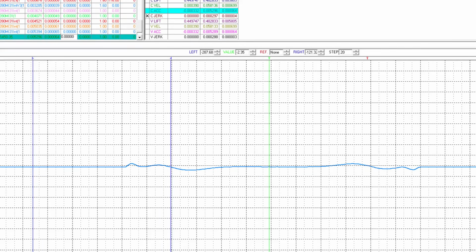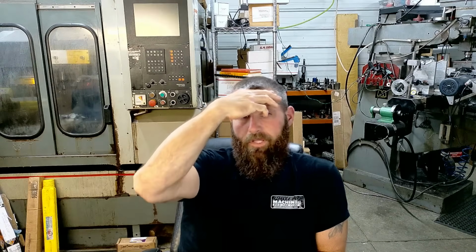So the last derivative is jerk, and that's just this little squiggly line. You see it doesn't move much because jerk is so far out there in decimal places. Even big jerk is still 4 zeros. And that's another deal, your resolution when you're reading this stuff.